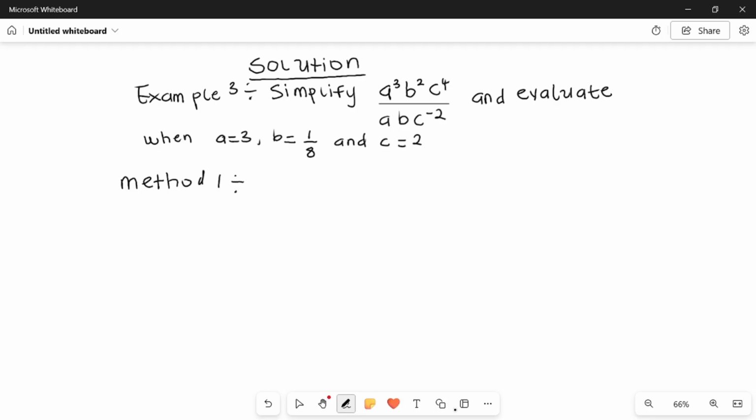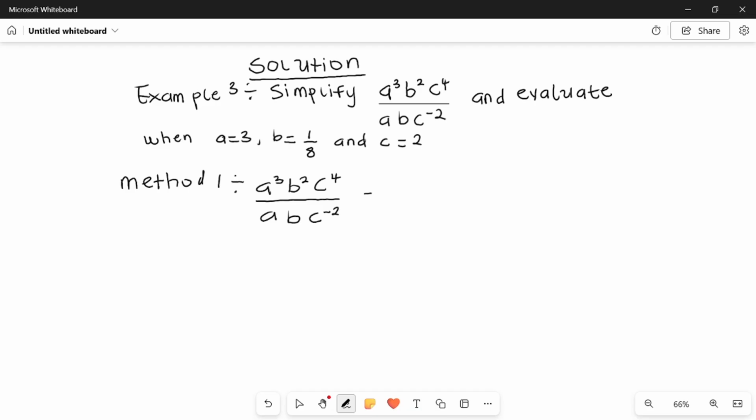You can expand all of them. It will now become a raised to the power 3, b raised to the power 2, and c raised to the power 4 all over a times b times c raised to the power minus 2.